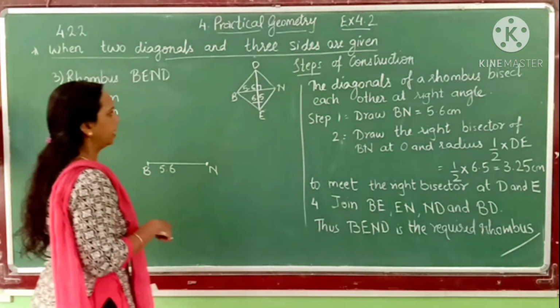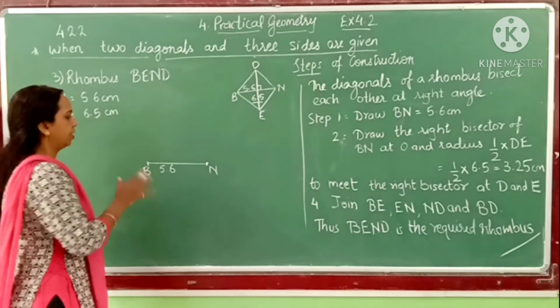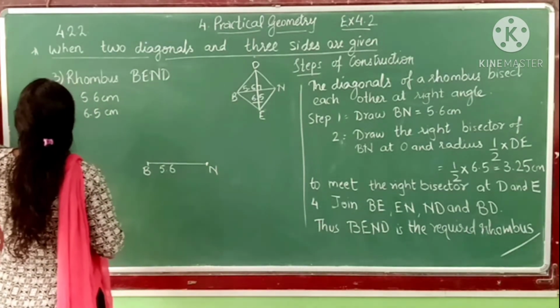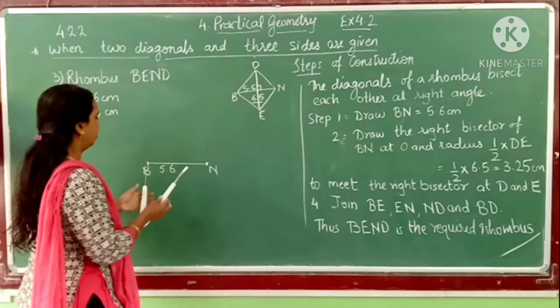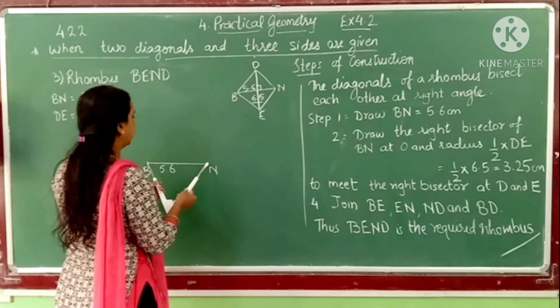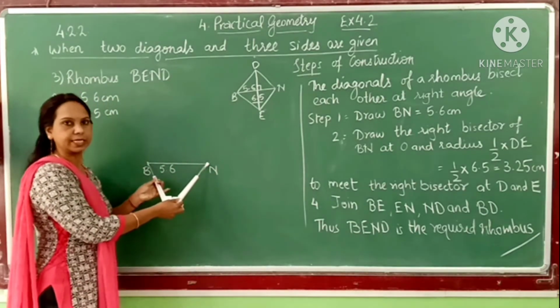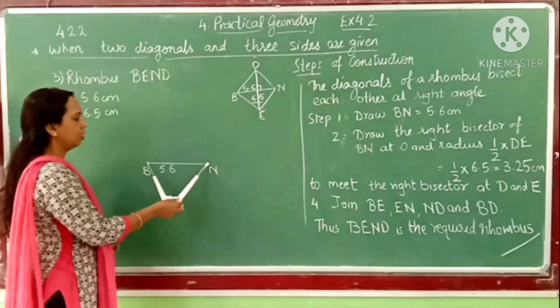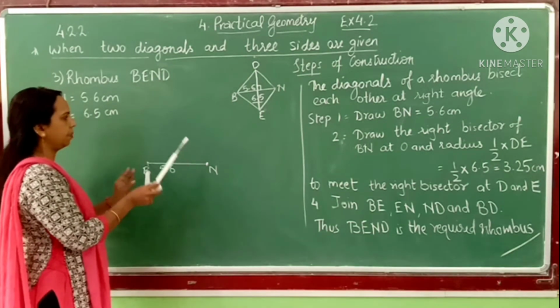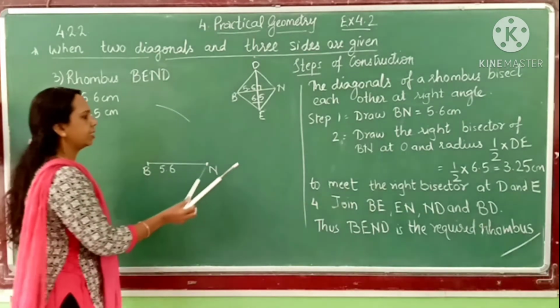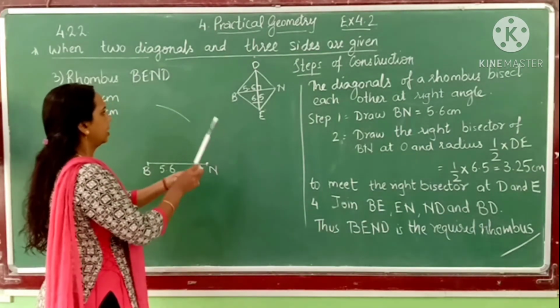And now what we will take, the bisector we will take with the same measurement. So taking here with the help of a rounder, we will take the bisector. Okay, so here first what we will do, take the complete measurement 5.6 लेंगे हम लोग राउंडर से total, and with the center B we will draw one arc like this, and another with the center N we will draw here an arc.